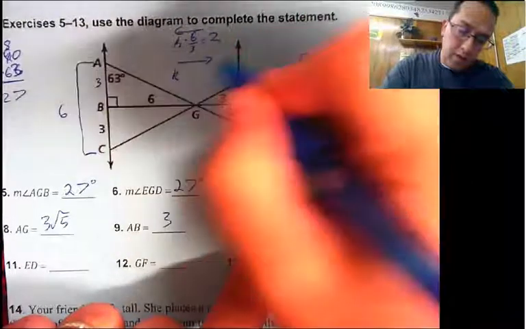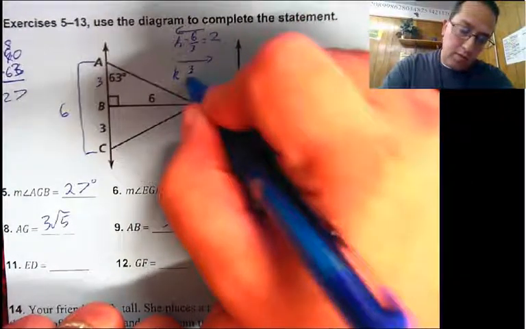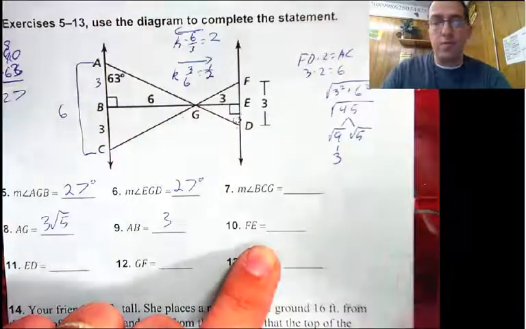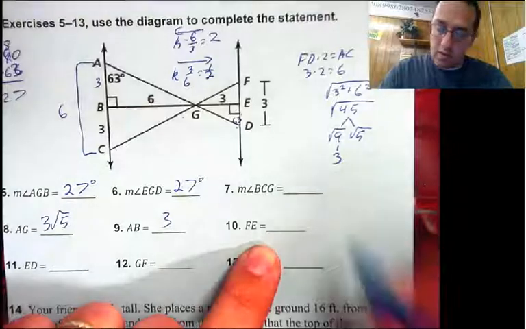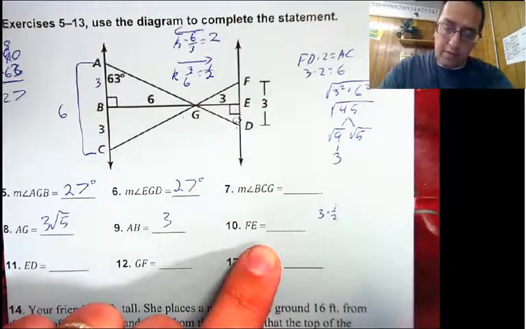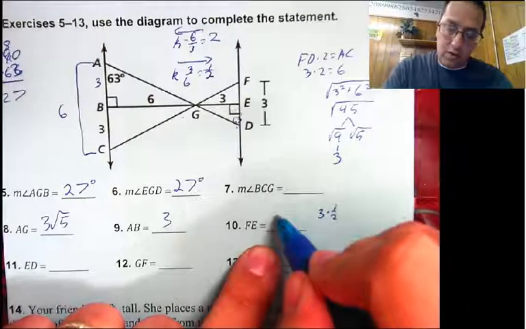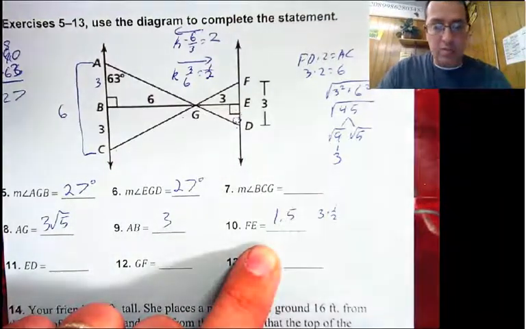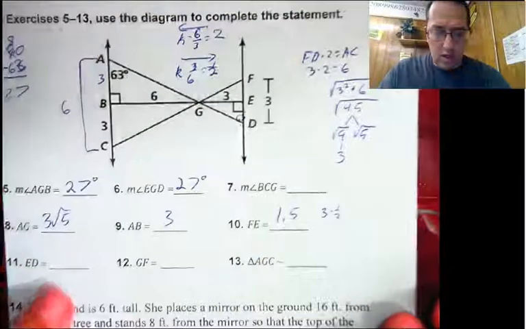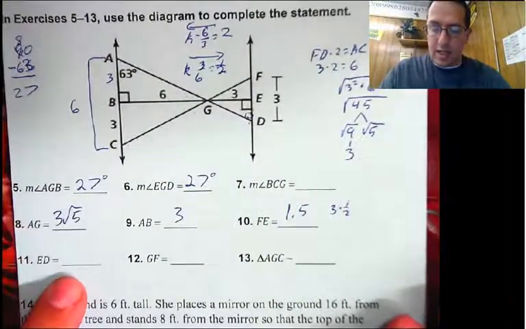My scale factor going this way would be 3 over 6, which is 1/2. So we'll either divide by 2 or multiply by 1/2, whichever way you like it. And so this is going to be 3 times 1/2, and half of 3 is, of course, 1.5, or 3/2, whichever way you like.